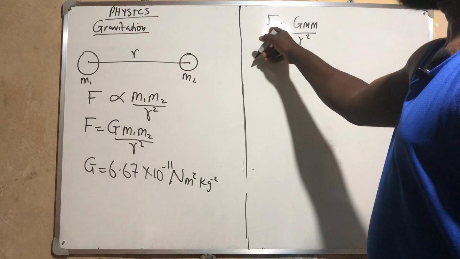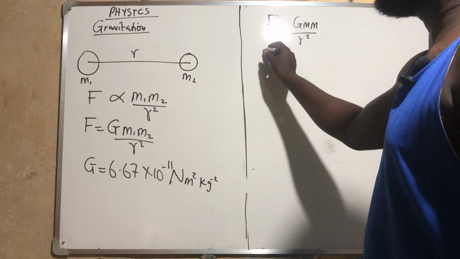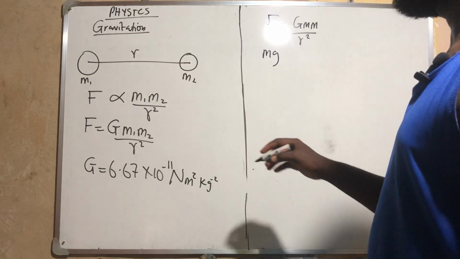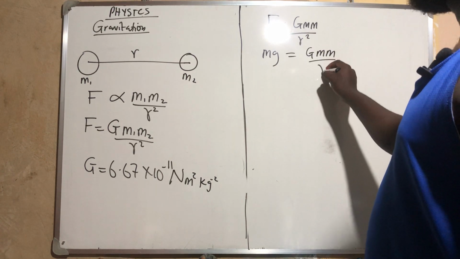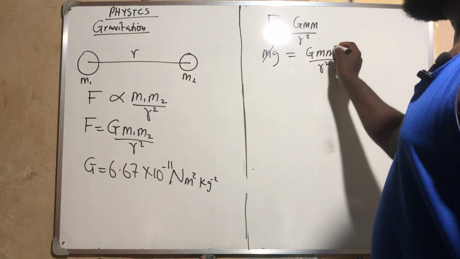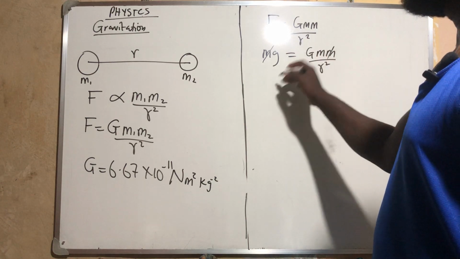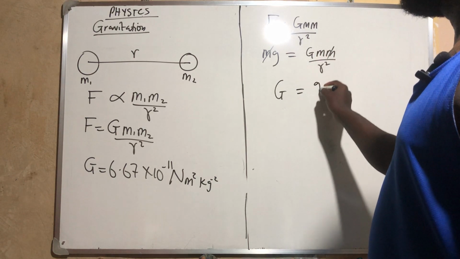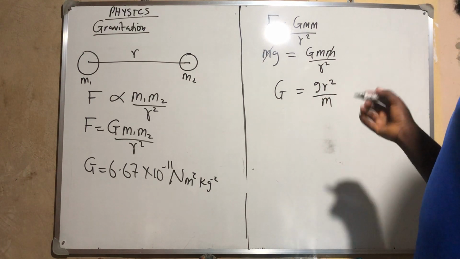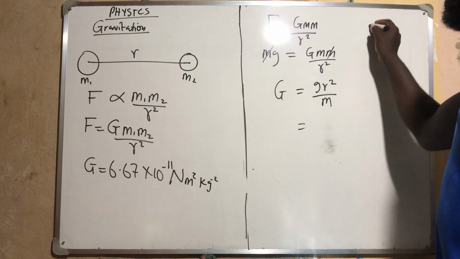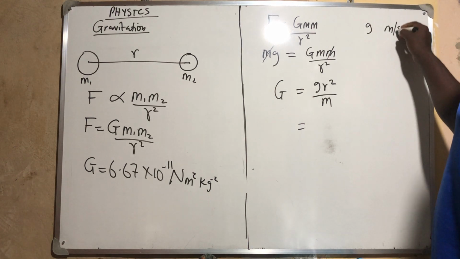Force is equal to mass times acceleration due to gravity, which is equal to G m over R squared. So one of these m will cancel one of these m. To make G the subject, I have that G is equal to g R squared all over M. So you now see that your g is measured in meter per second squared.